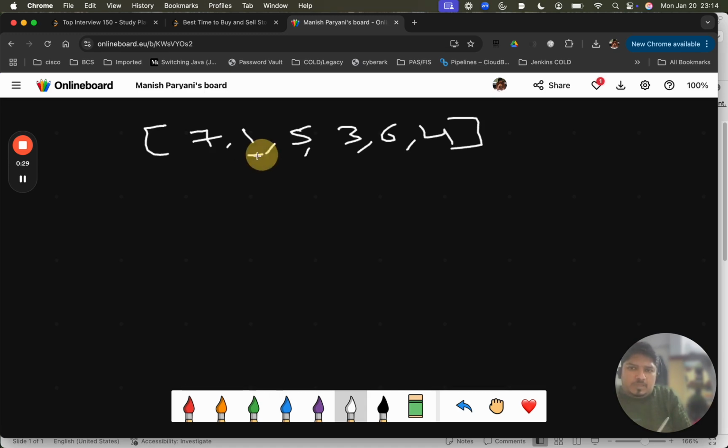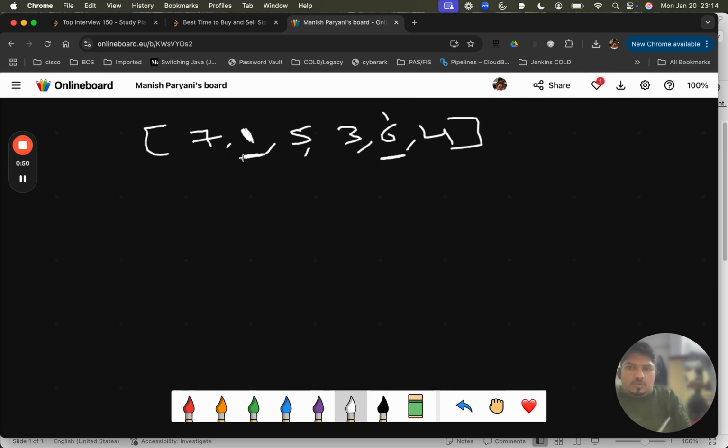If you see, on this day the price is very low, this is the minimum price, and if I go into the future here I can see the price is very high. So if I buy on this day and sell on this day, I can make more profit, right?